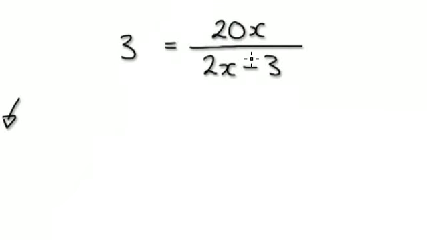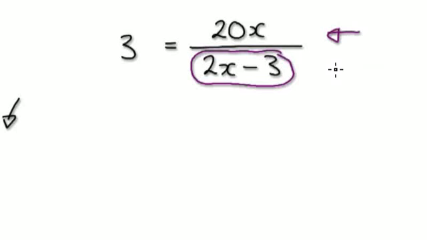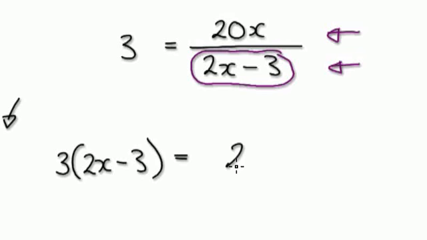Now visualize this bubble here. You've got two layers, so try and get everything onto one layer. Multiply both sides by the bottom bubble. So you have 3 bracket 2x minus 3, close it, equals 20x.